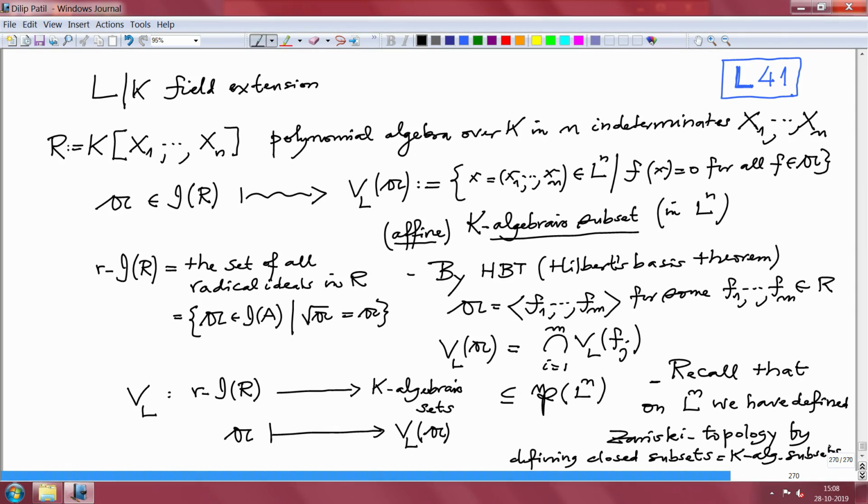And with that we have a topological space. So we can talk about topology, continuity, continuous maps, open sets, closed sets, and properties of the topology like compactness, connectedness, and so on. This interplay between this topological space and the ideals in the polynomial ring is a central theme in the study of algebraic geometry.